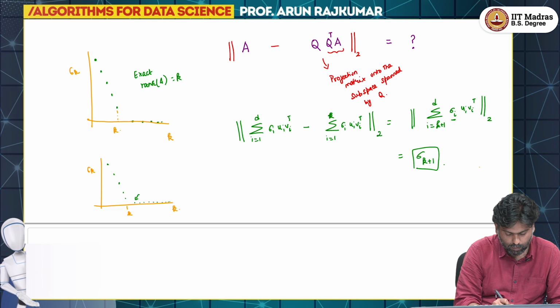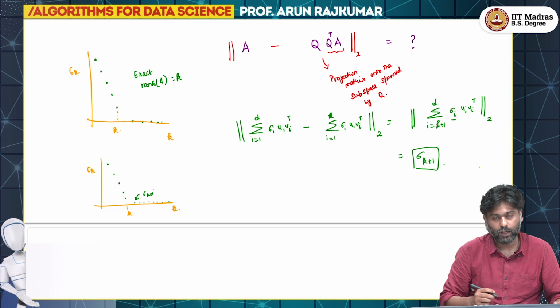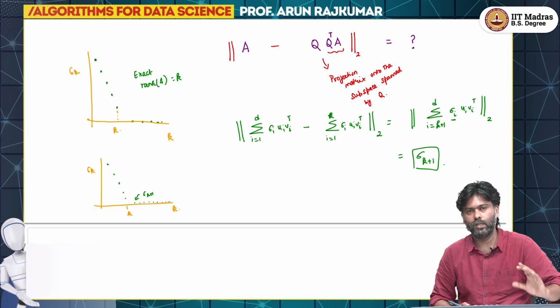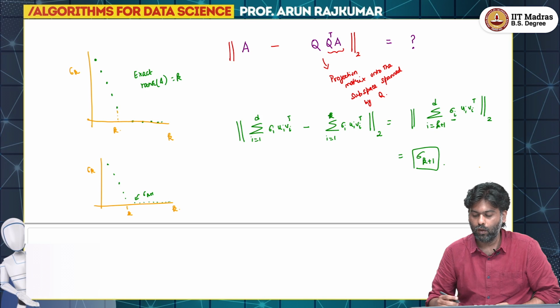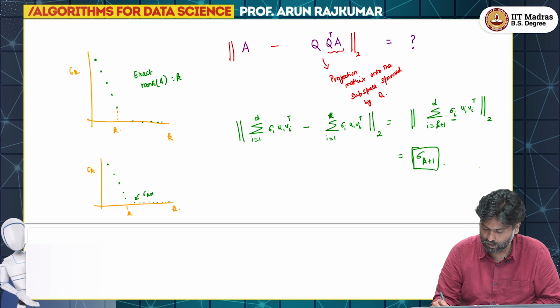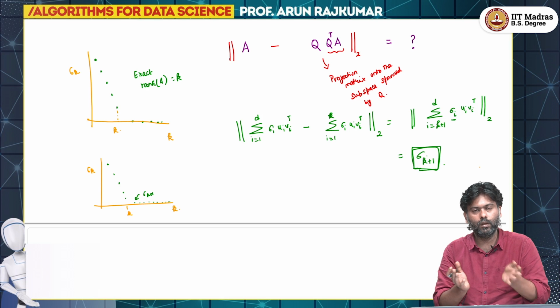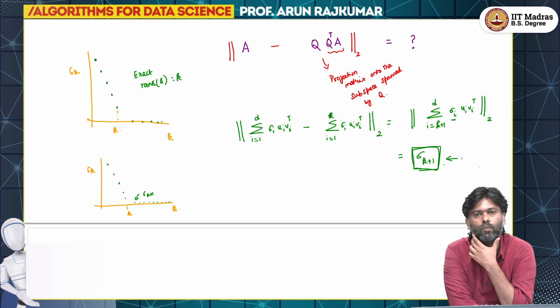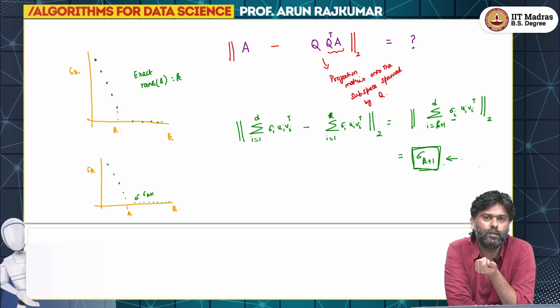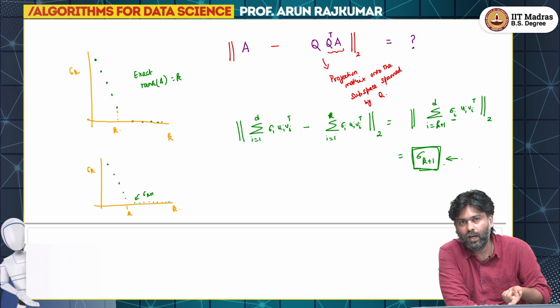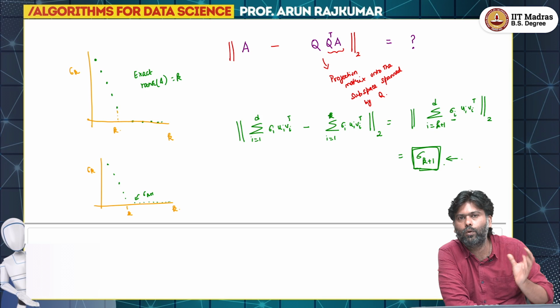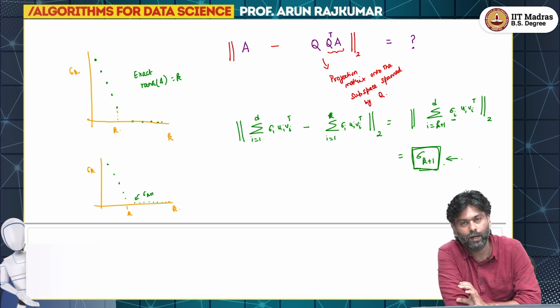So now this would be sigma k plus 1, which is a very small number, which means that even if I approximate A using a rank k matrix, what I lose in this approximation is just sigma k plus 1, the k plus first singular value, which, if the matrix is really approximately rank k, is going to be small, and so are other sigmas. So I don't really lose much is the idea, right?